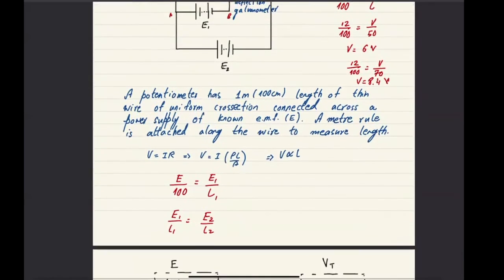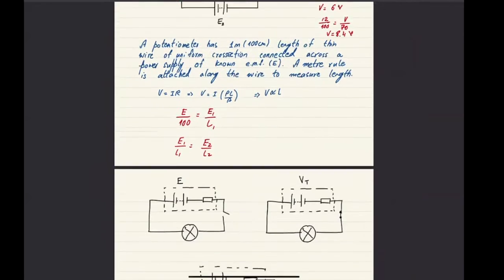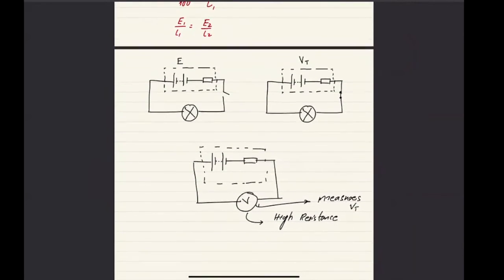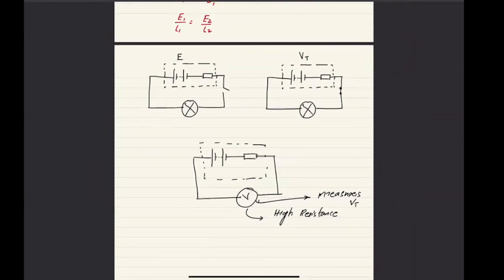Okay, so the other thing that I was trying to explain about the potentiometer is that the major purpose of the potentiometer is to measure the EMF of a battery. We've already done the concept that if you connect a battery to an external circuit, then it will have different voltages across the battery when you close the switch and when you open the switch.